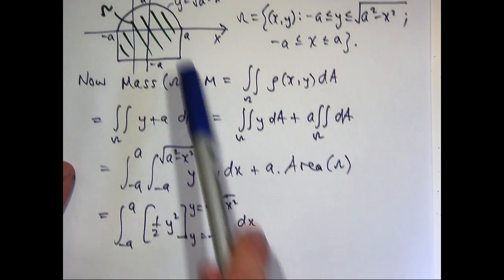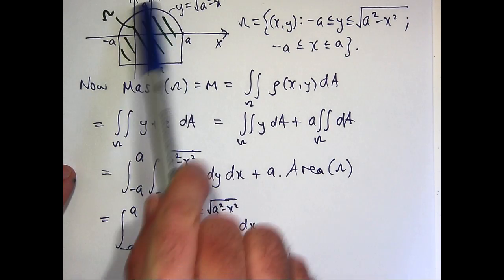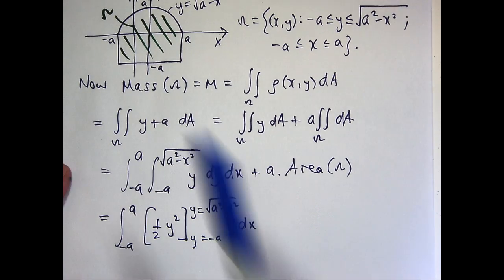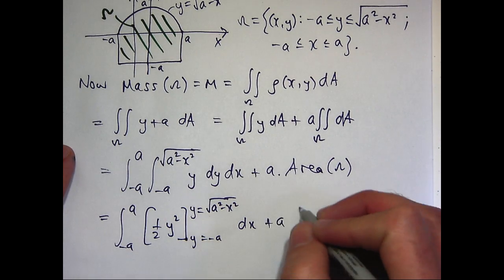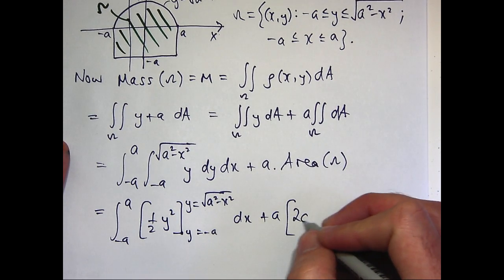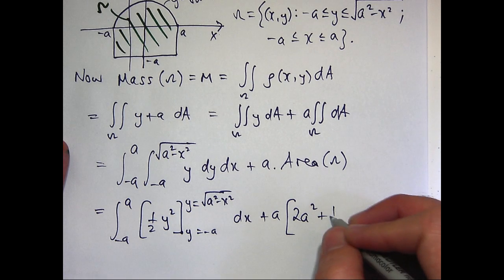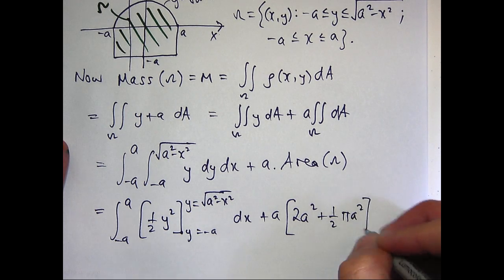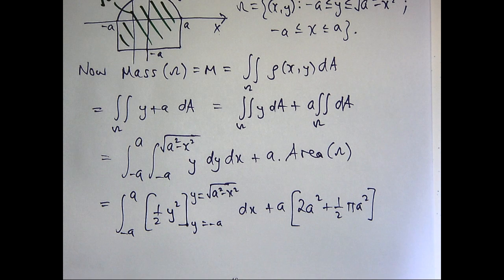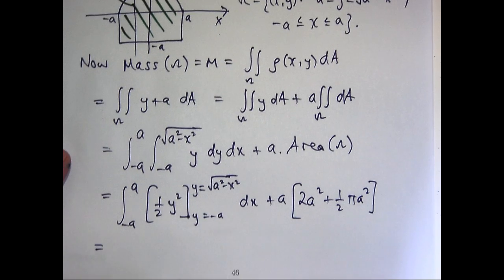So little a times the area of this, well, just the area of that half disk plus the area of that rectangle. I've saved myself a little bit of time there just by looking at the area. Now when I sub in these limits of integration, let's see what we get.